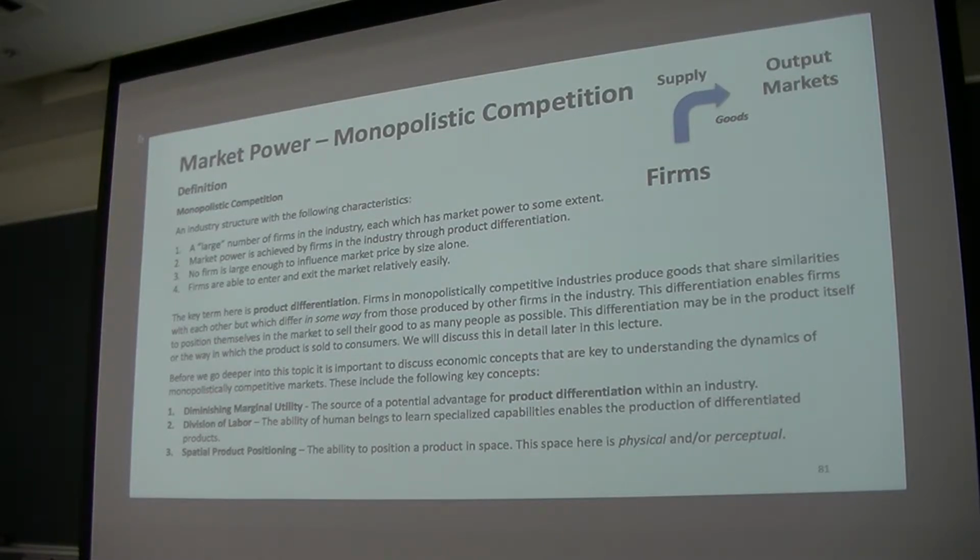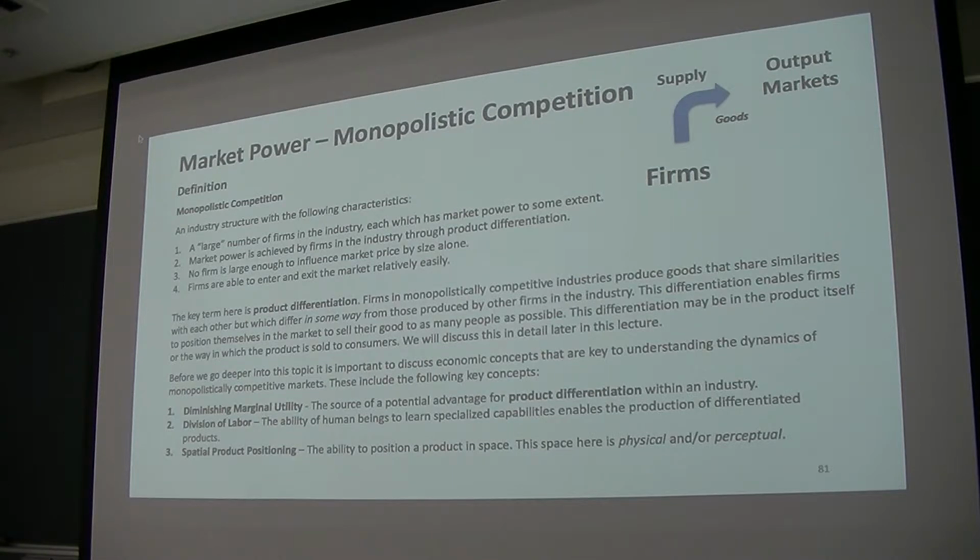What does that mean? It sounds like opposites. It's monopoly and competitive. How can you have something that's both a monopoly and perfect competition? So it's a mixture of the two. The industry structure has the following characteristics. First is a large number of firms in the industry, but each one has market power.